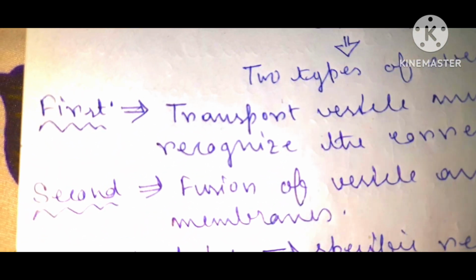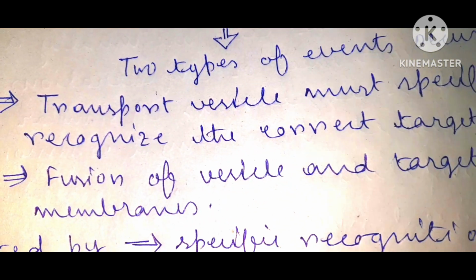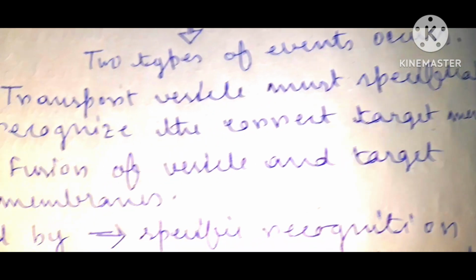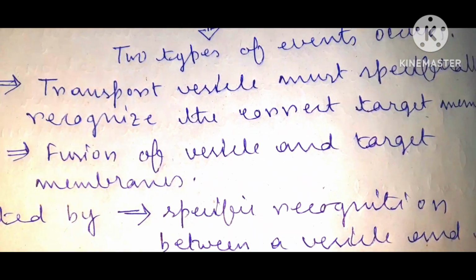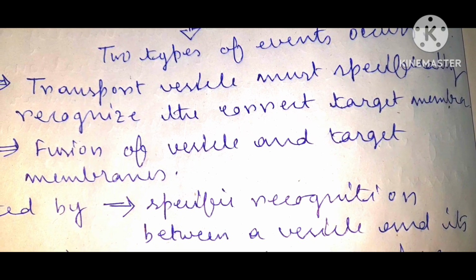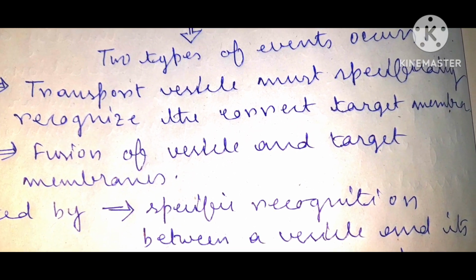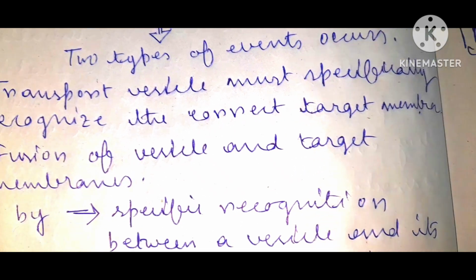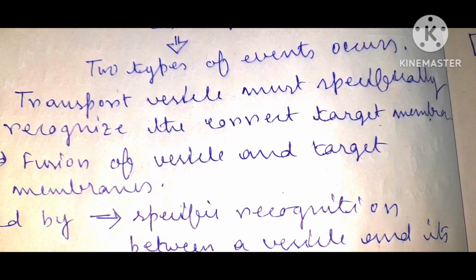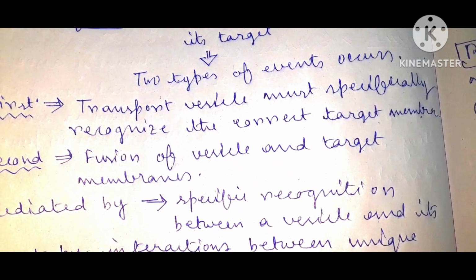First of all, transport vesicles must specifically recognize the correct target membrane. First step is recognition. Recognition of what? This transport vesicle must specifically recognize the correct target membrane. Why is this recognition very important?